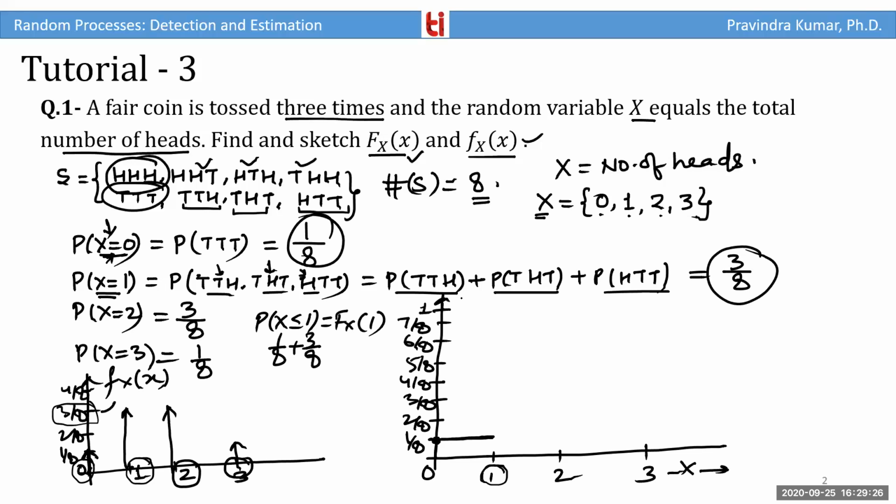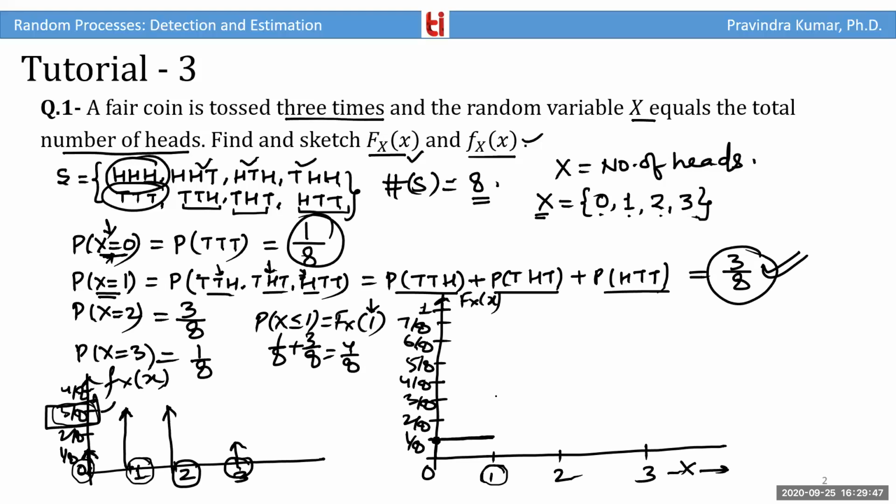This is the CDF F_X(x). So the CDF at x equal to 1 is 4 by 8. So you are having a jump with this probability. The jump shows you the CDF, the PDF I told you. And here the PDF is 3 by 8.